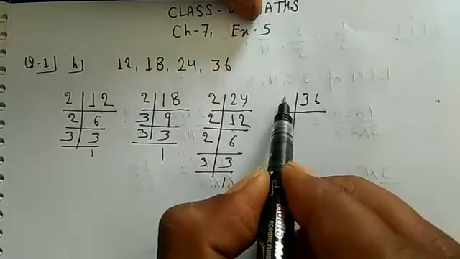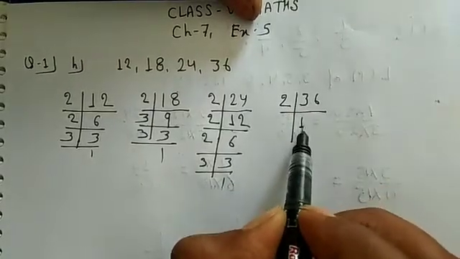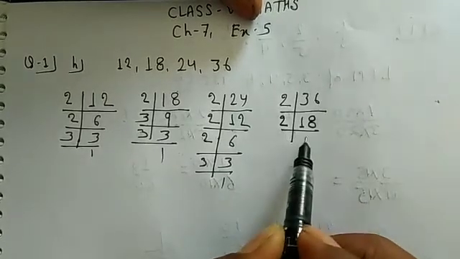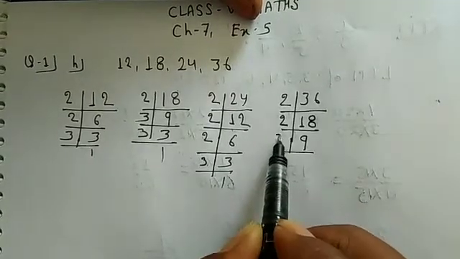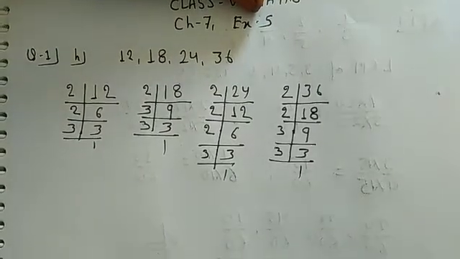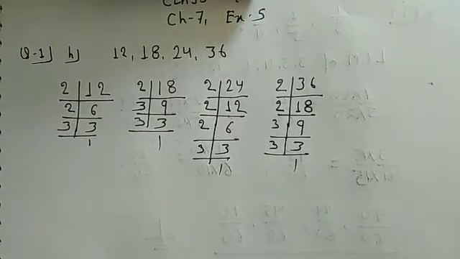That is 36: 2 ones are 2, 2 eights are 16, 2 nines are 18, 3 threes are 9, 3 ones are 3. These are the prime factors.